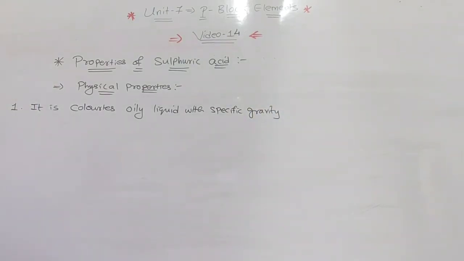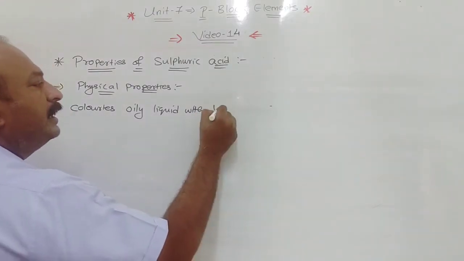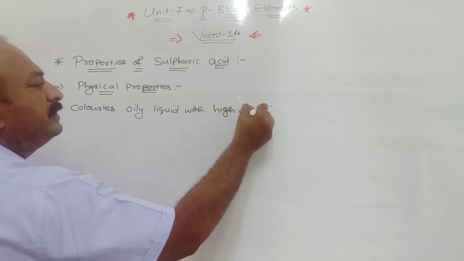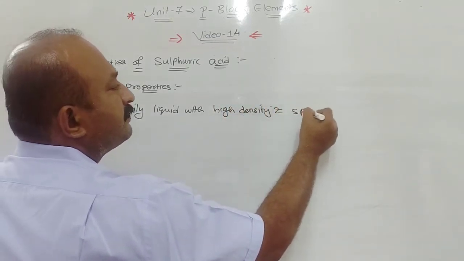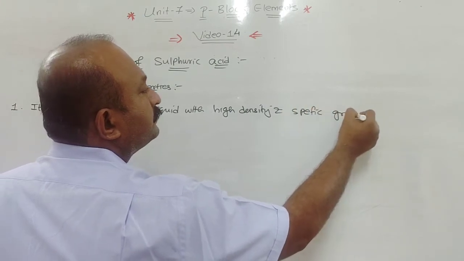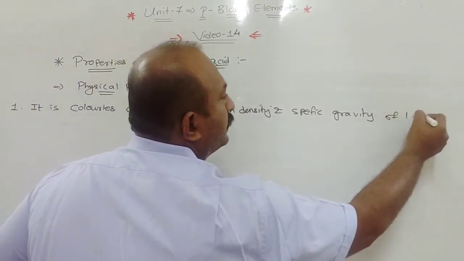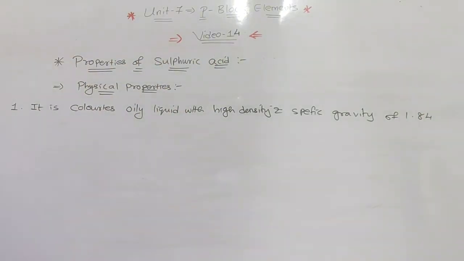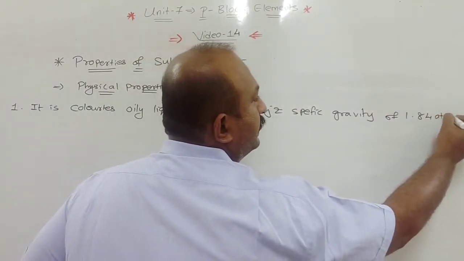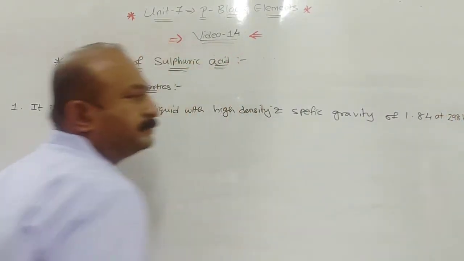From the specific gravity you can also find the purity. It is a colorless liquid with high density, very thick, and a specific gravity of 1.84 at 298 Kelvin.